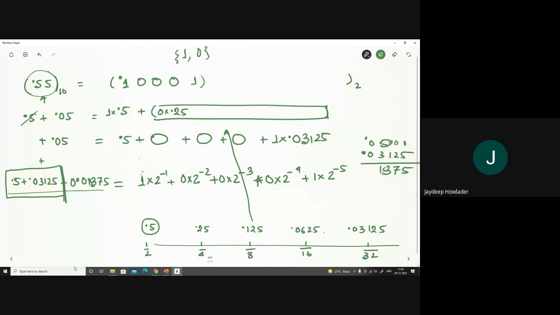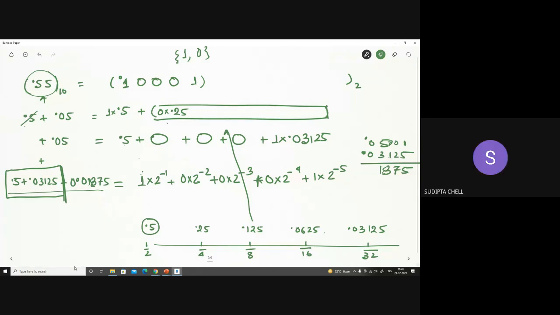If we take the first position, then it will be representing the numerical value as 0.5. If I take the second position, then it will be representing the numerical value as 0.25. So now you have an option whether you will consider the second position or leave it. Understand? And now I have to adjust the left hand side with the right hand side.